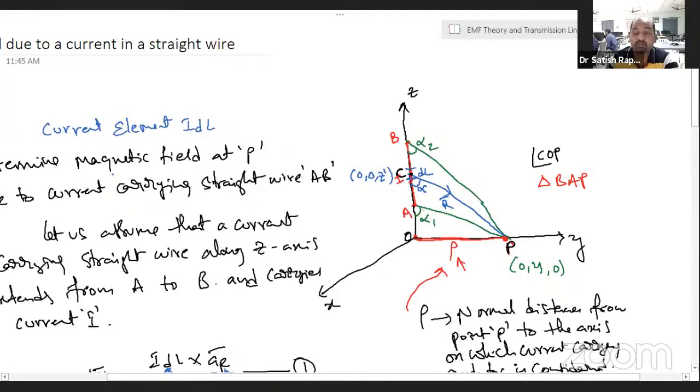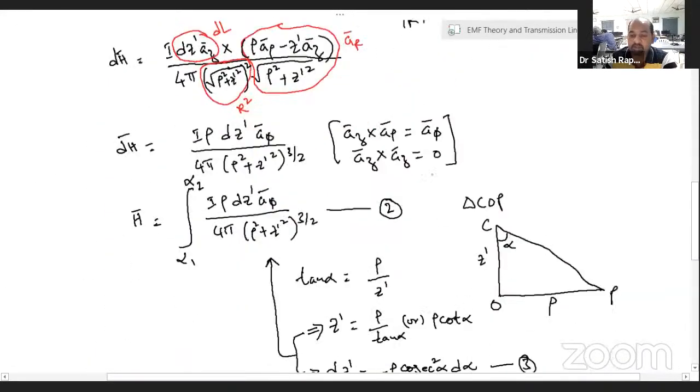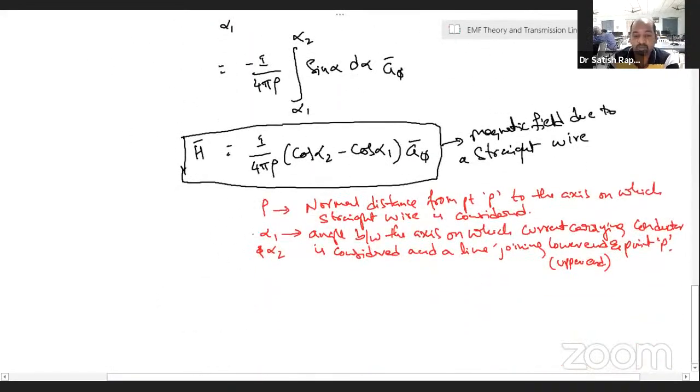So that is a very important observation, right? Alpha 1 is the outside angle and alpha 2 is the inside angle, right?